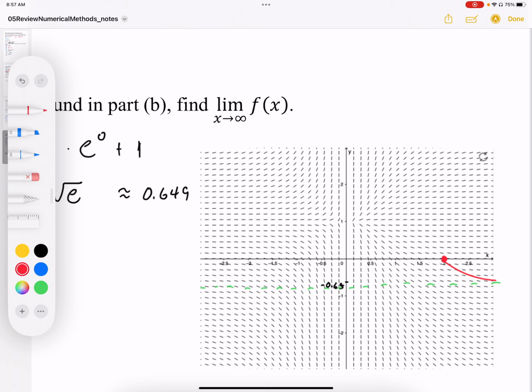Let me just redo this one. So it looks like it's following these slope lines and kind of going into that spot there. Okay, so it's going to look like this, but the horizontal asymptote to infinity looks like it's going to be at about 0.65, somewhere around there. And that looks like that's the case if I follow these slope field lines.